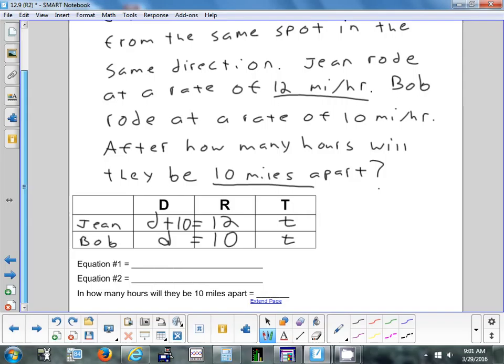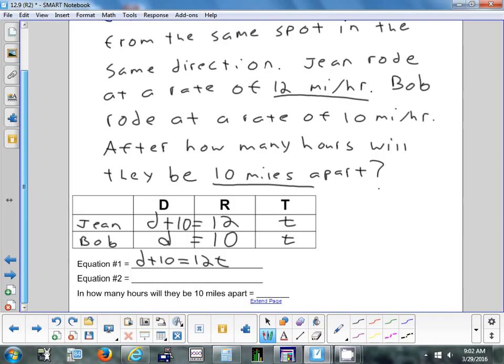Anybody tell me equation 1? D plus 10 equals 12, parentheses, 12 T. So you could put parentheses, or because it's just a number and a letter, you can put it just like that. That's perfect. D plus 10 equals 12t.